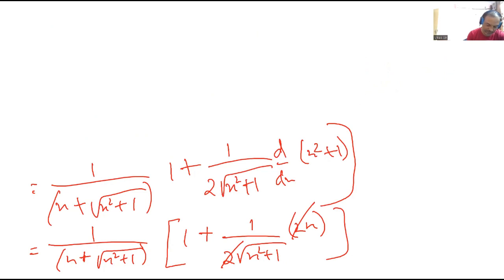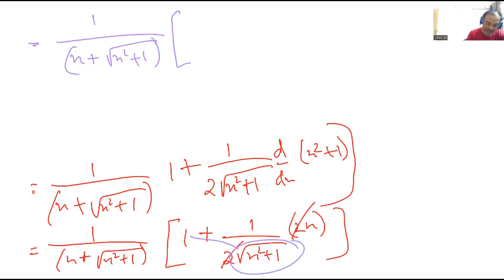Okay. Now I'm differentiating this and I'm solving it. In the first part, I'm having 1 over x plus under root x squared plus 1. And in the second part, I have to do the LCM. This will go to multiply with this. This will give you under root x squared plus 1. And here this is plus x.